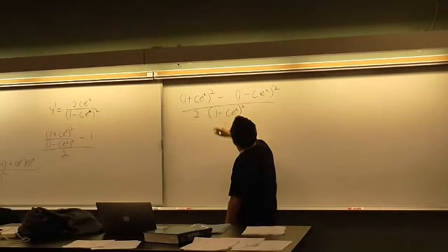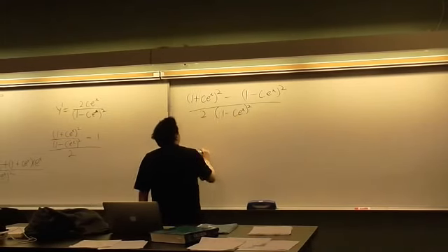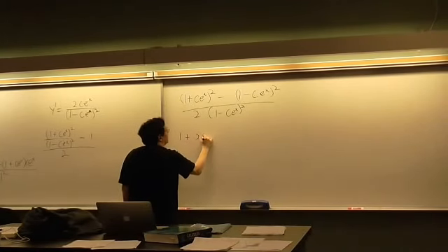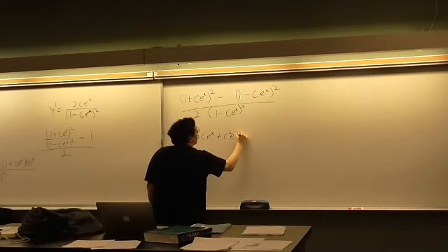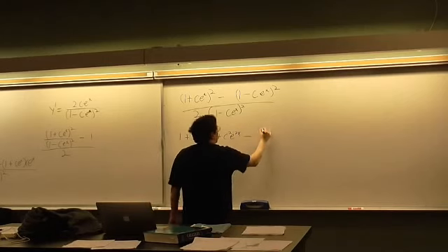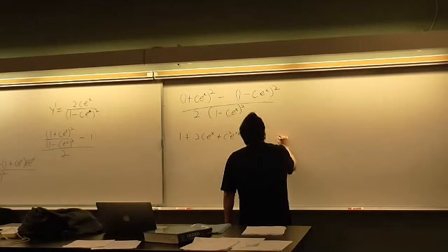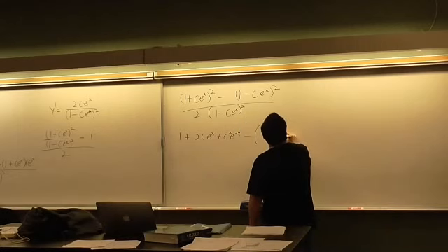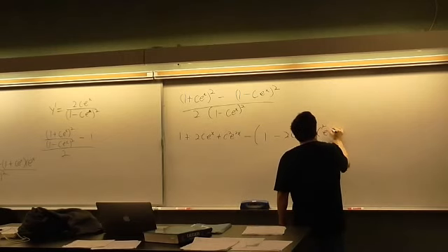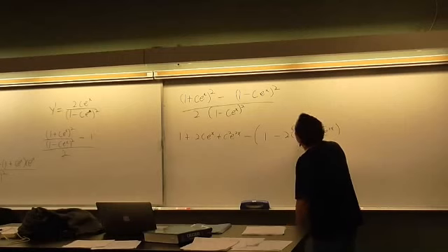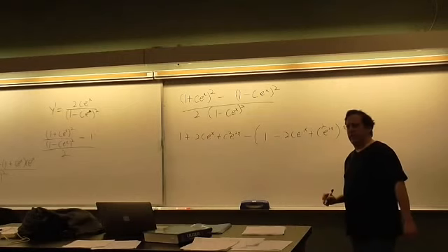And I want to expand these, of course. So 1 plus 2c e to the x plus c squared e to the 2x minus 1 minus 2c e to the x plus c squared e to the 2x. Not 2x here. Is that what you were saying?